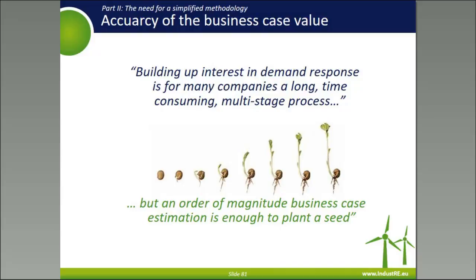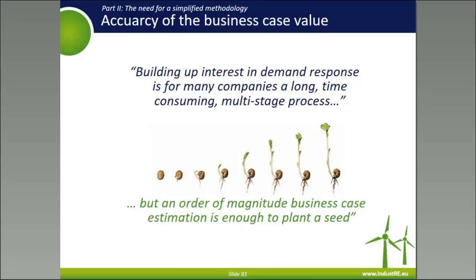So for me, it is important to have a simplified tool which can estimate the value in order of magnitude. In the first stage, when the seed is still in the premature stage, the accuracy of that value is not that important yet. But that number is very important for the early adopters in a company to walk around the company and say, this could be the potential value of what we can do with it.